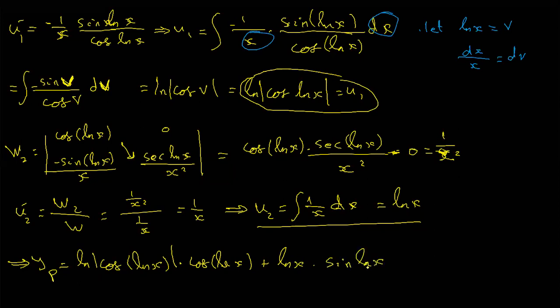This is my yp. After finding yp, the third step is to write the general solution of the given non-homogeneous equation to be yp plus yc, and we found yc in the first step. What do you think about this problem?